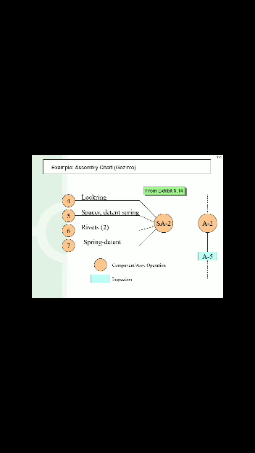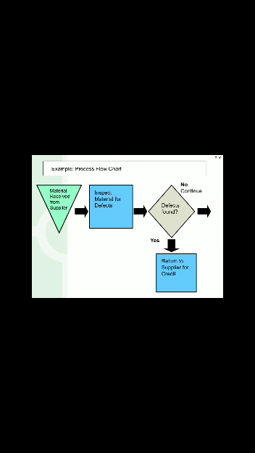This is basically the example of an assembly chart. Whenever we make an assembly chart, we have to use the standard forms, that is circles and rectangles, to represent the various activities. Here we are using triangles, tilted squares and squares, and this is used for making a process flow chart.